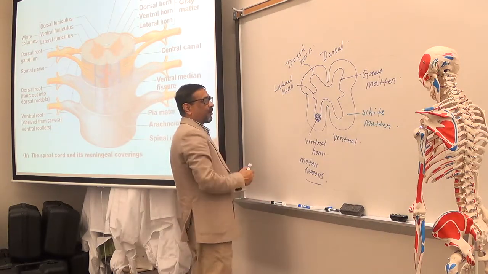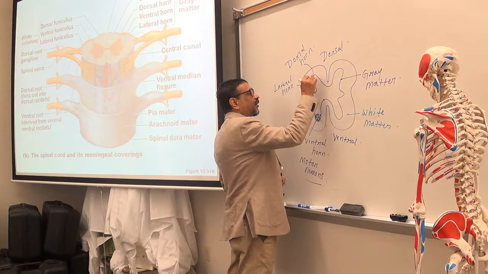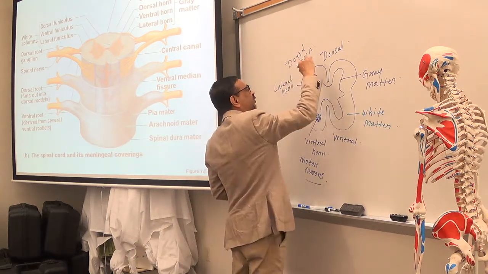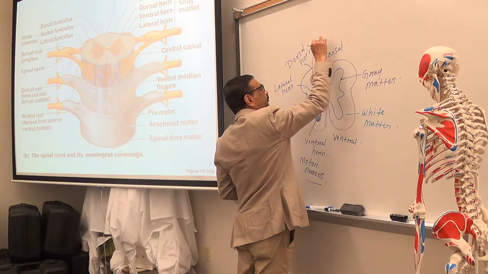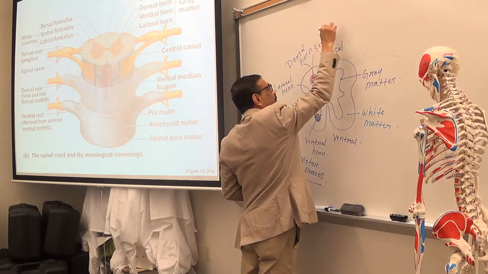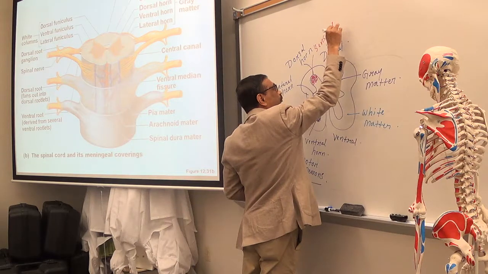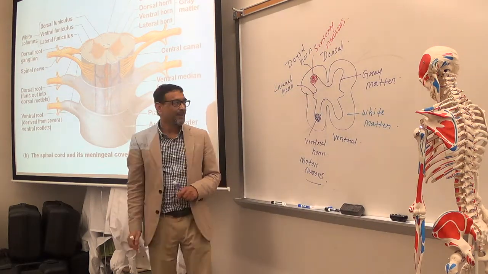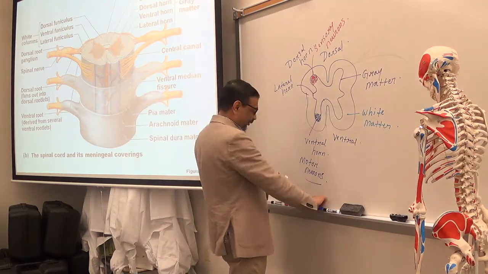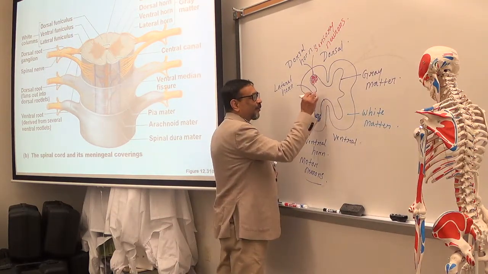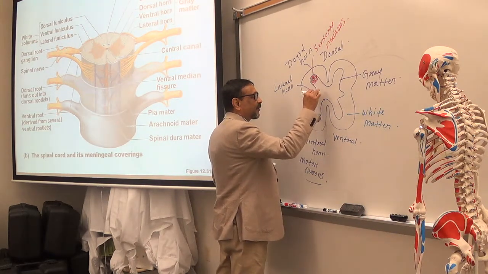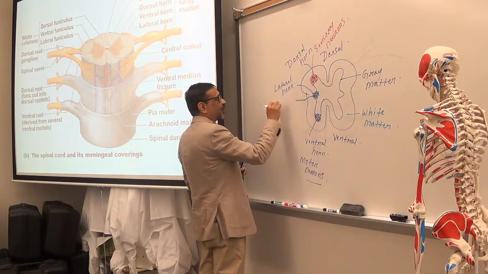In the dorsal horn, you have another group of neurons, and these are called sensory neurons. And in the lateral horn, you have another group of neurons. These are called autonomic.